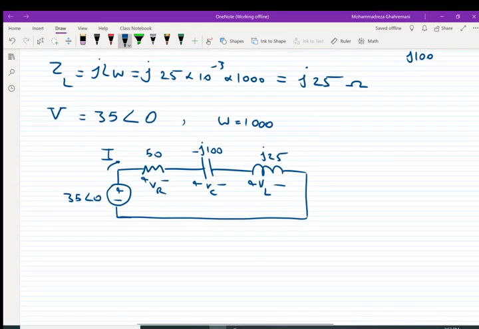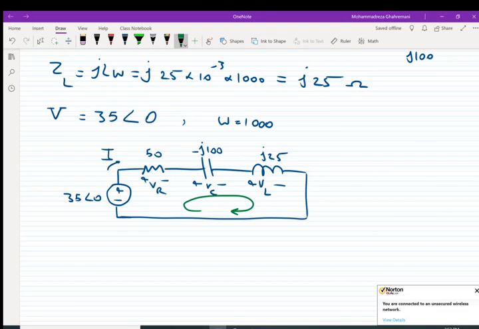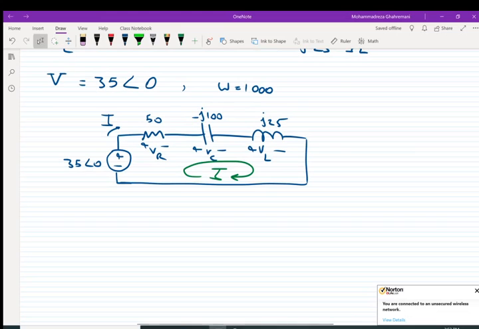And now we can simply find I, because the current is the same for all elements, and we can find it by Ohm's law. So we write KVL for this circuit. We start from, let's say, the resistor.